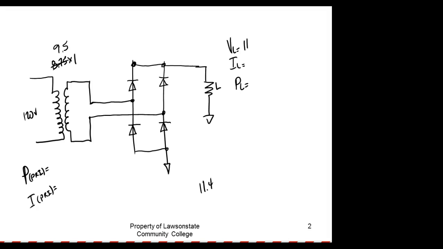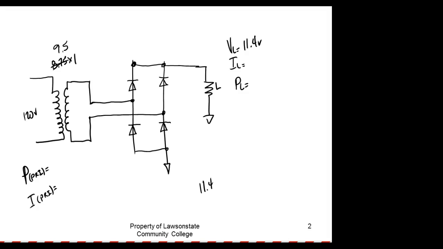Okay, so what should our current be? 11 volts, 11.5 volts. So see, I knew I had a problem. I was measuring half of that. When it fell off the table, I hooked it back up and used the center tap.